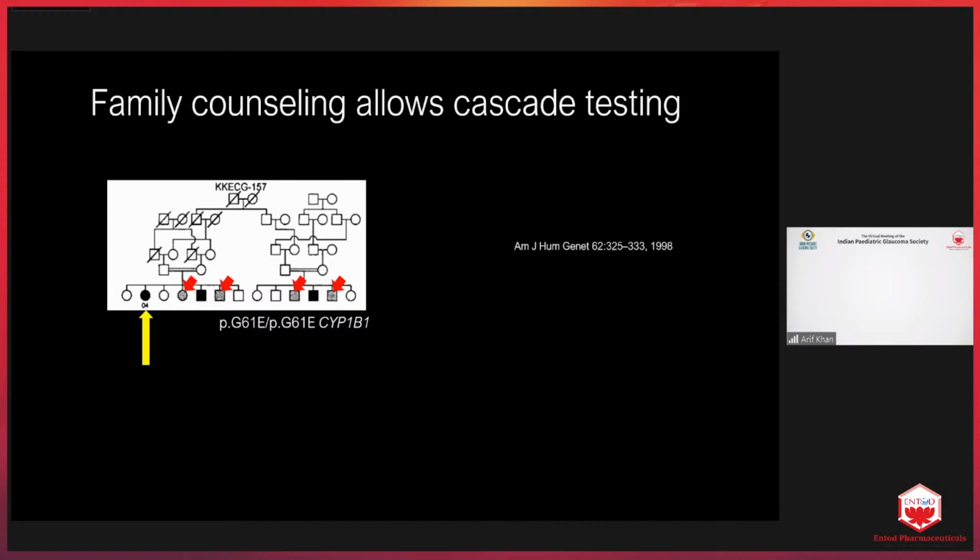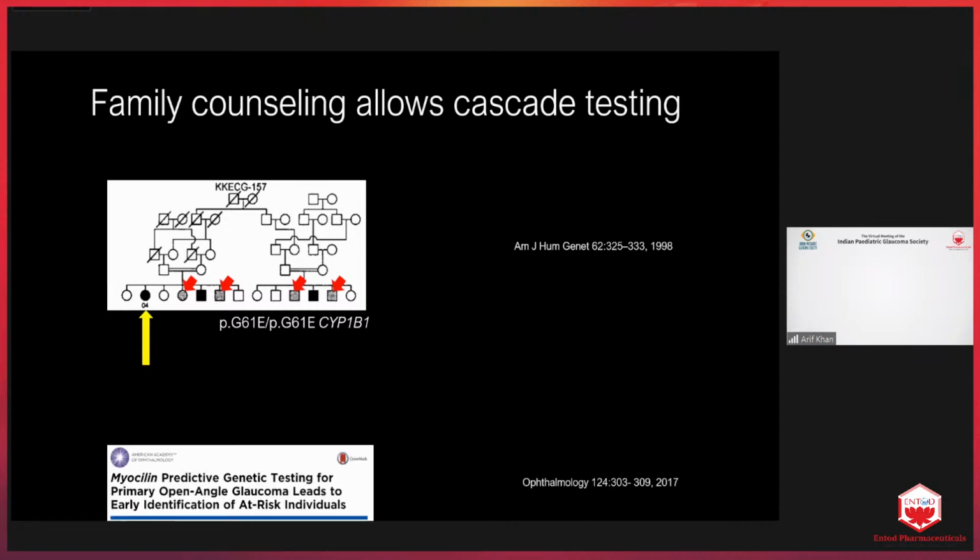They didn't realize they had glaucoma because they didn't have primary congenital glaucoma, but Cascade Testing revealed they were homozygous for the pathogenic variant, and indeed they had undiagnosed juvenile glaucoma. This technique of cascade testing has also proven to be useful for large families with juvenile open-angle glaucoma from pathogenic myocilin variants.